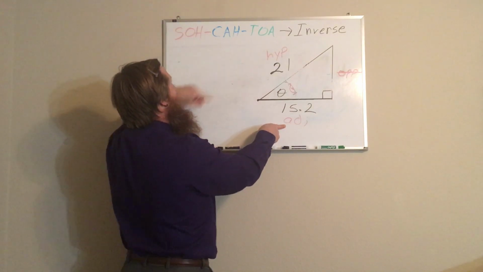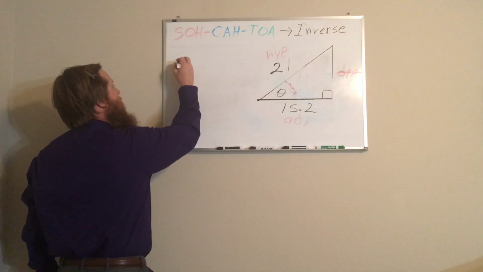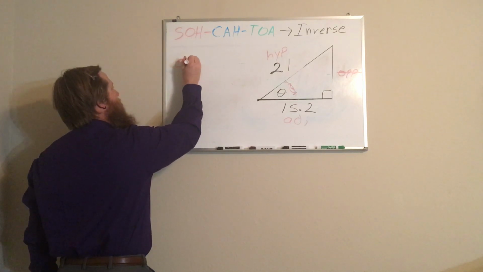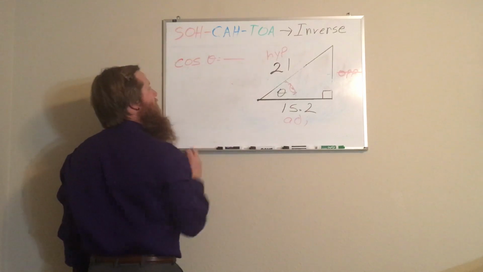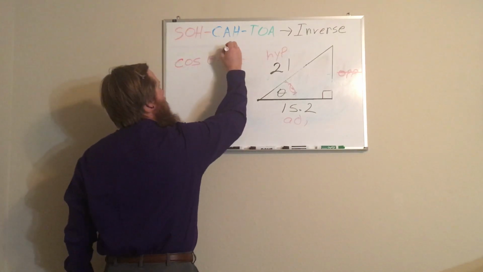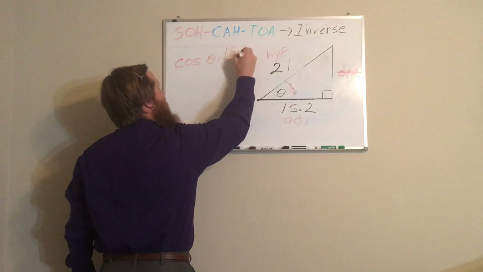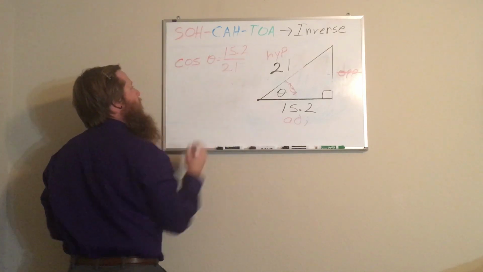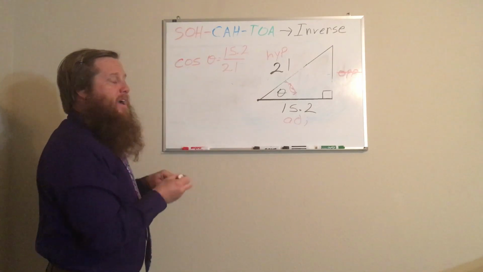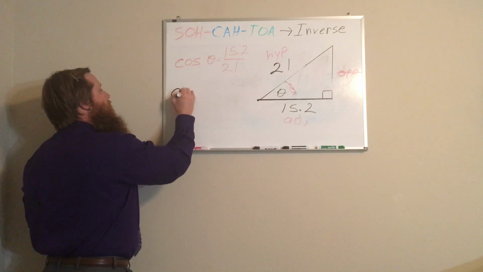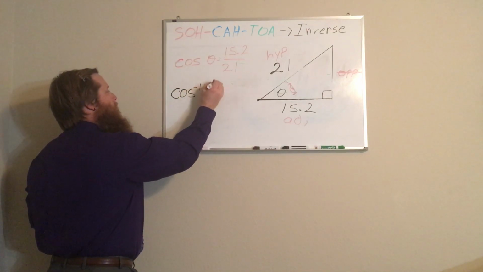Hypotenuse and adjacent looks like we are using the cosine. So we say the cosine of theta is equal to adjacent over hypotenuse. Remember, we do not know the value of theta, so we need the inverse of cosine.